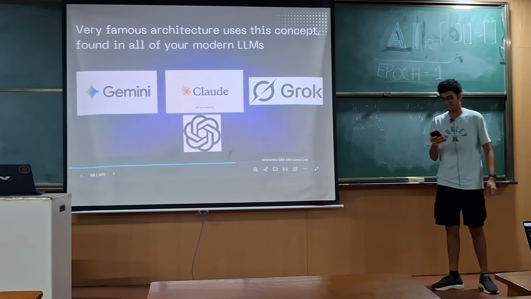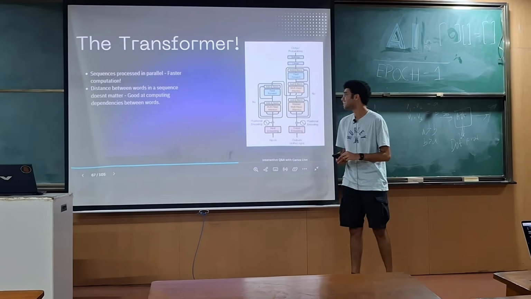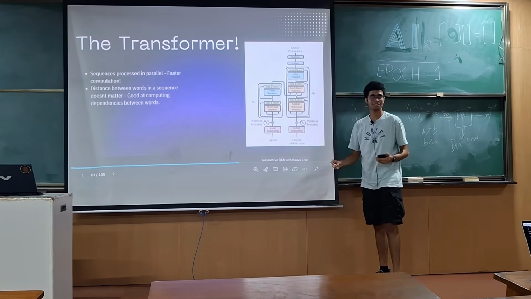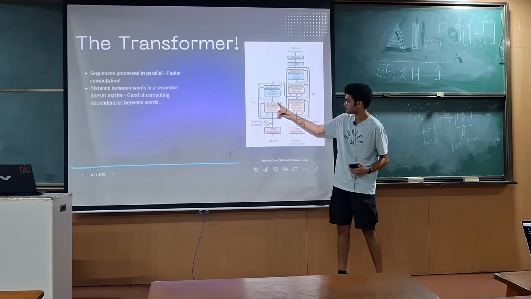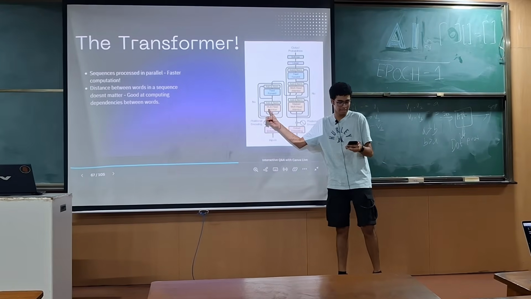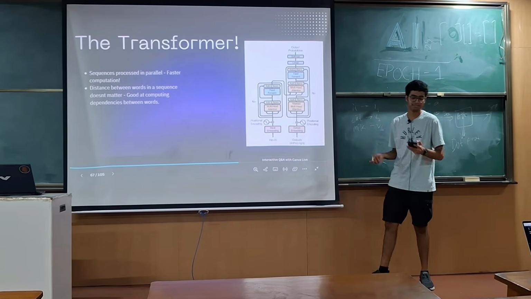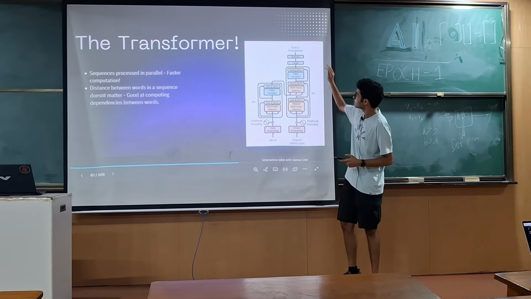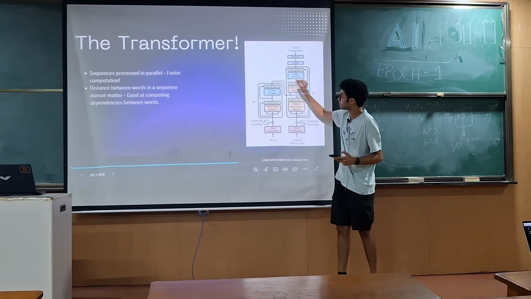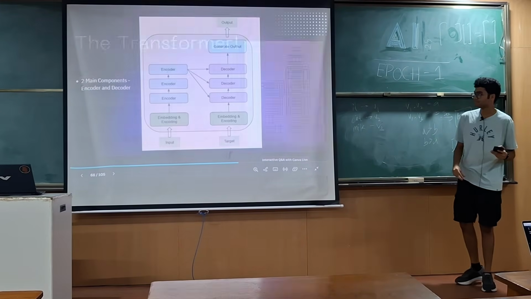It's called transformers. Sadly, today we will not go into transformers, but I will talk about this module of the transformer. It's called multi-head attention. This is probably the most important part of the transformer, the heart of the transformer. I will ignore everything else. We will take this block, zoom in, and slowly break it down.